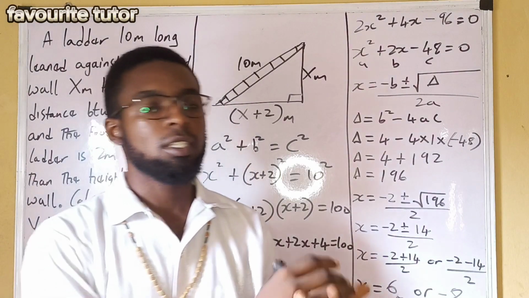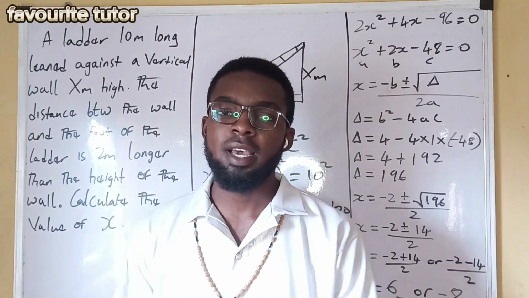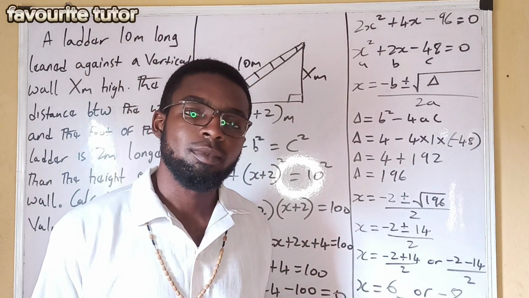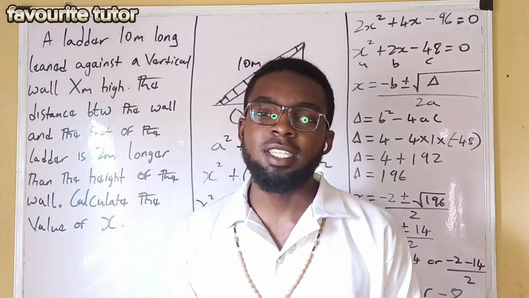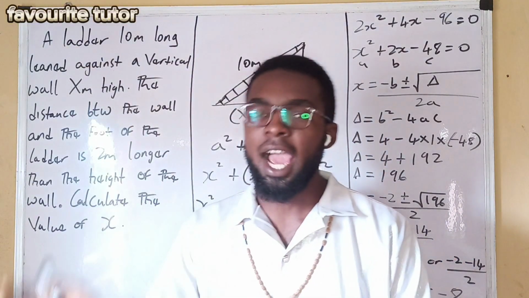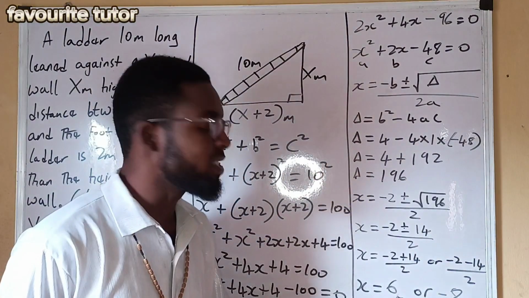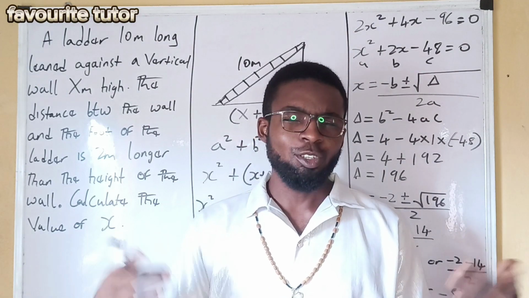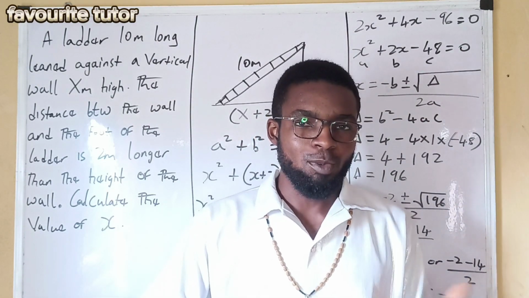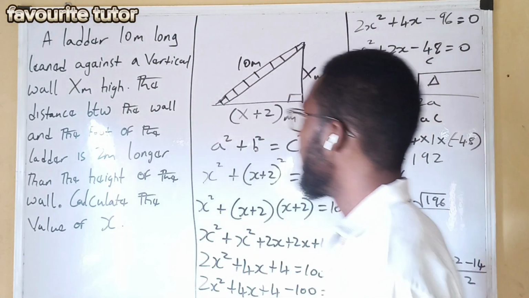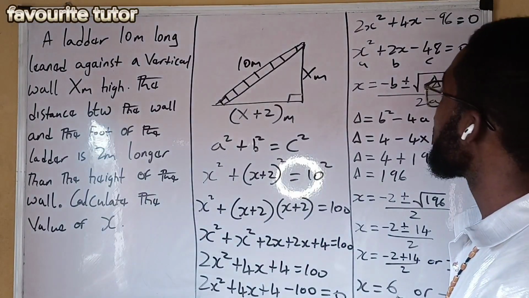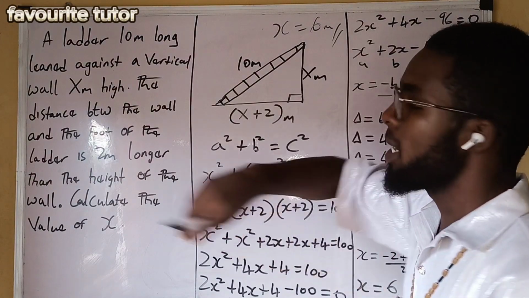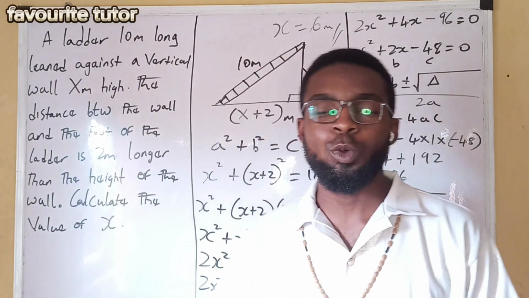Which one of these values is x? x is actually 6, because anytime you are calculating for distance, length, or height, it should be positive, not negative. You cannot tell me that from here to here is minus 8. It does not make sense. It must be positive. So x equals 6 meters.